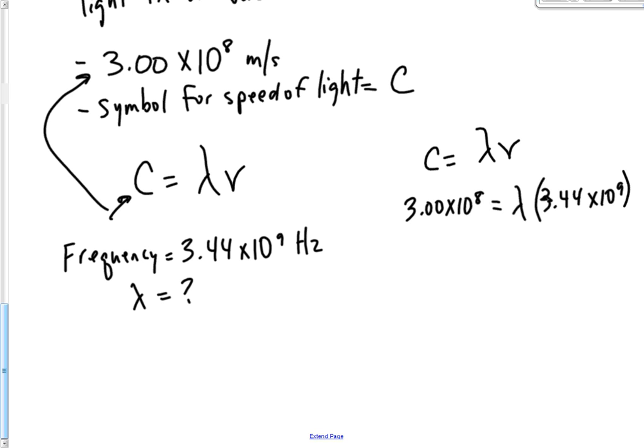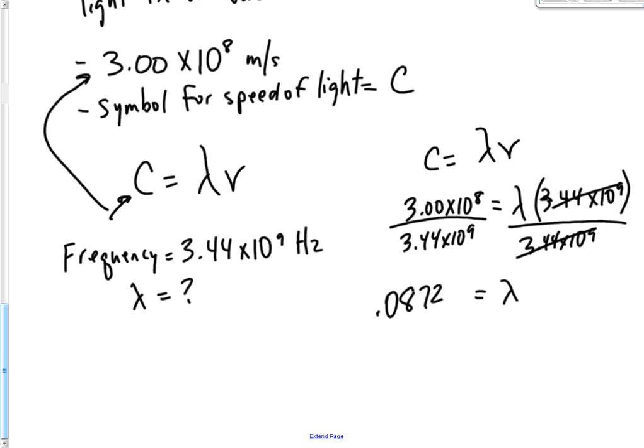Divide by 3.44 times 10 to the 9th. It's basic algebra. That divides out, and you're left with the wavelength is 0.0872 meters.